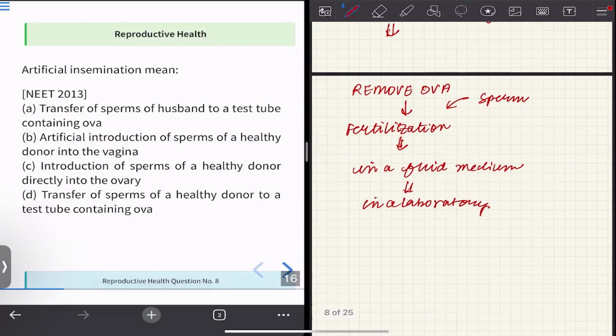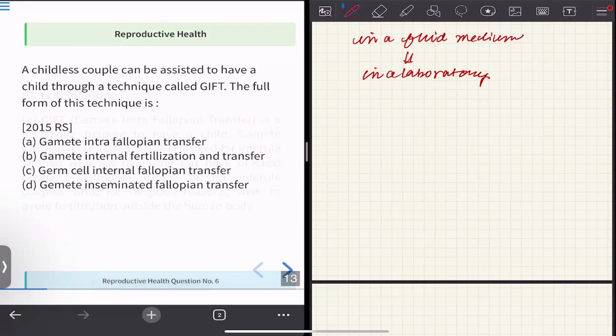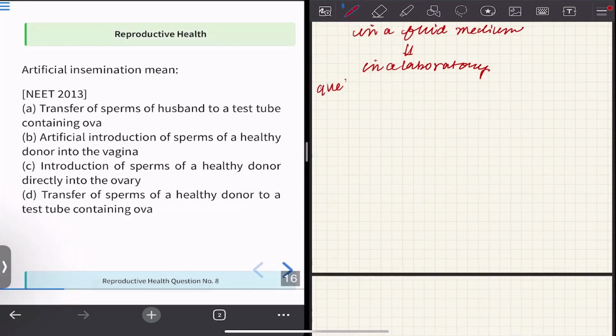Next, we have artificial insemination. So we have our next question, question number 8. Artificial insemination is an example of in vivo fertilization.